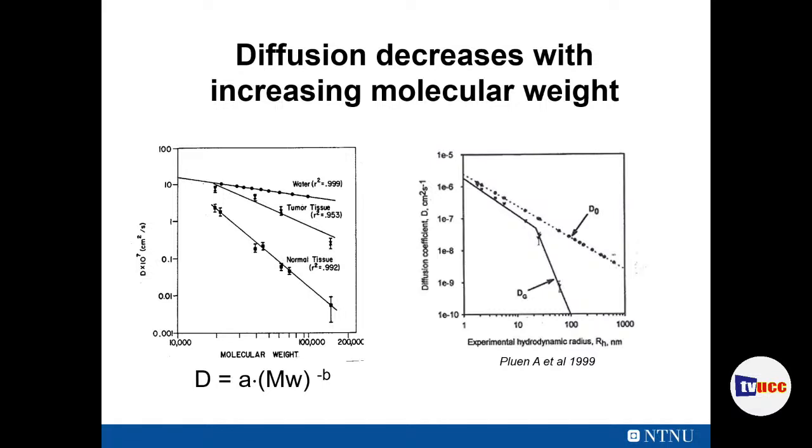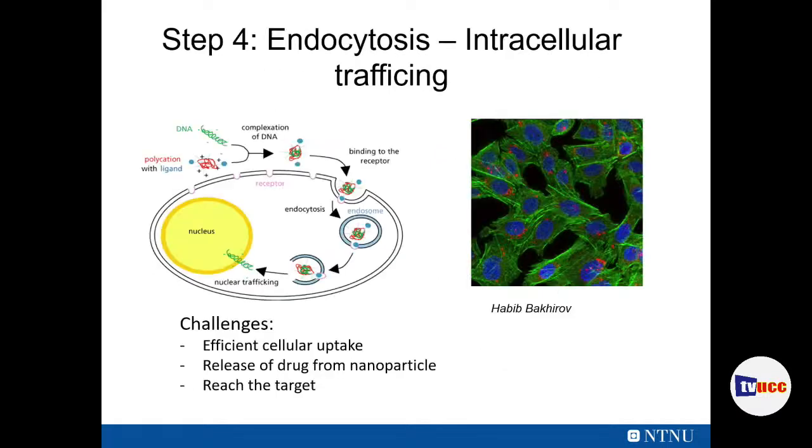But then if you come up to a certain size, then it falls off very much more, much steeper. So, and on a particle, we are in this range. So we have extremely low diffusion coefficient. So, not good news.